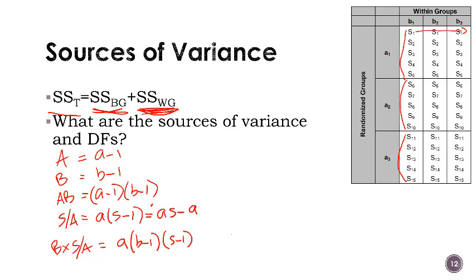So we factor that out. That's BS minus B minus S plus 1. And then as we distribute the A out, it becomes ABS minus AB minus AS plus A again at the end.